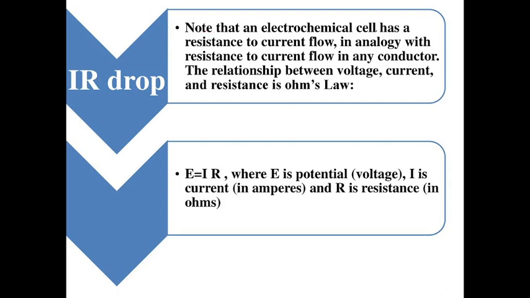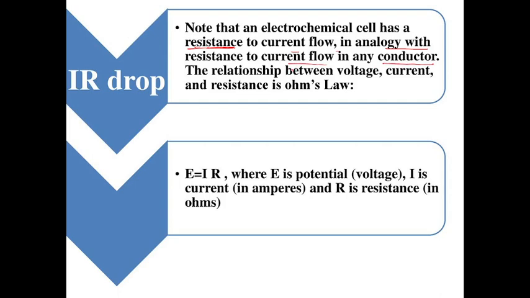Note that the electrochemical cell has resistance. We discussed with a simple circuit how resistance works and how it is responsible for voltage drop. An electrochemical cell has resistance to current flow, in analogy with the resistance to current flow in any conductor. Whatever conductor there is, it has some resistance.